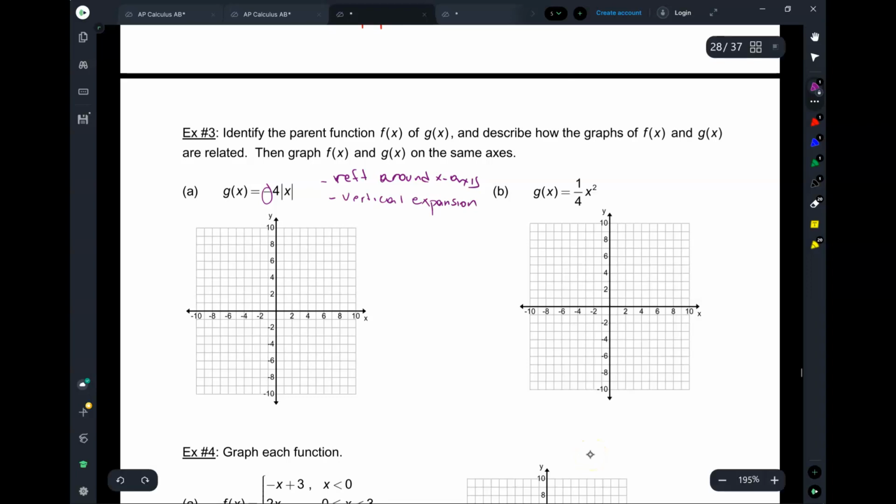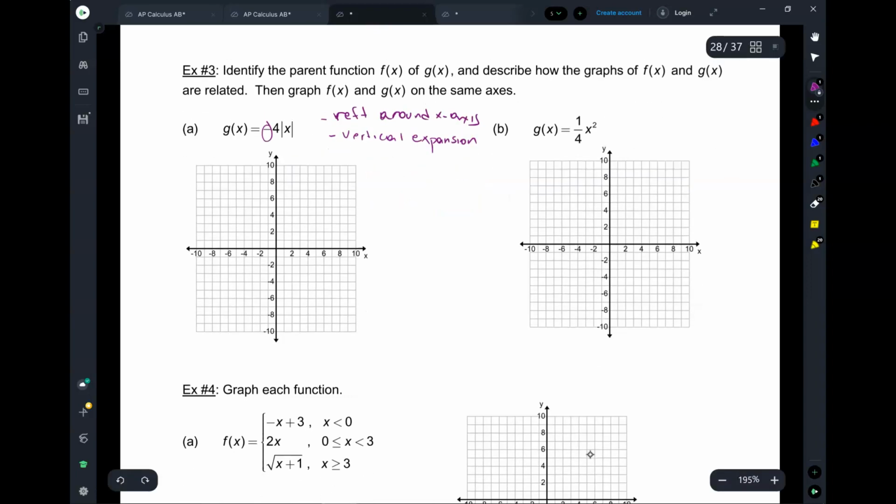So now the parent function is negative 4 absolute value of x. So I start here at 0, 0. And if I go over 1, I'm going to go down 4, and down 4. So that's how that looks.